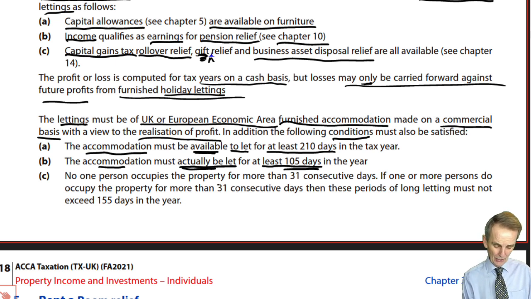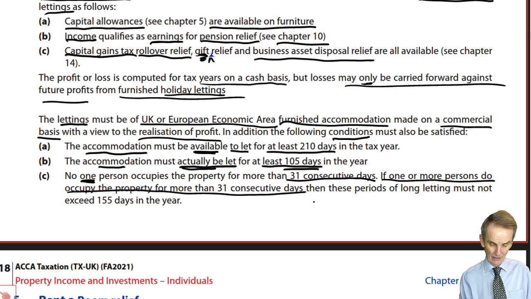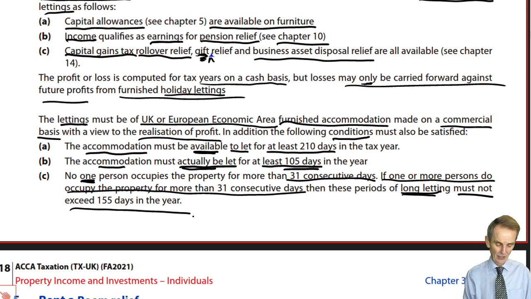No one person or persons occupies the property for more than 31 consecutive days. If one or more persons do occupy the property for more than 31 consecutive days, then those periods of long letting must not exceed 155 days in the tax year.